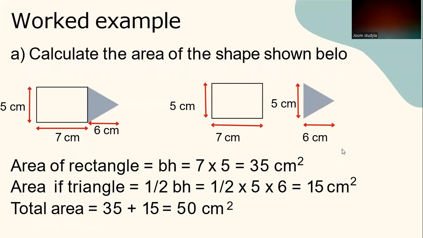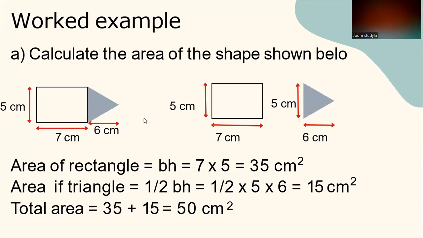Okay, let's look at an example. The question asks you to calculate the area of the shape shown below. If you can see, the shape in the diagram is a rectangle plus a triangle.